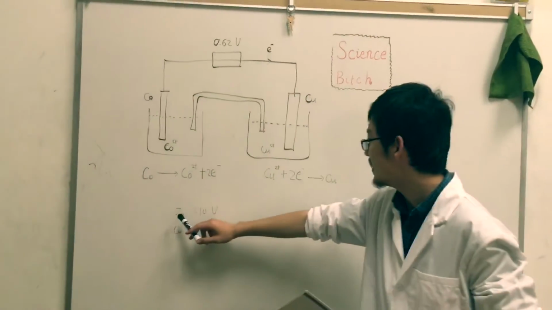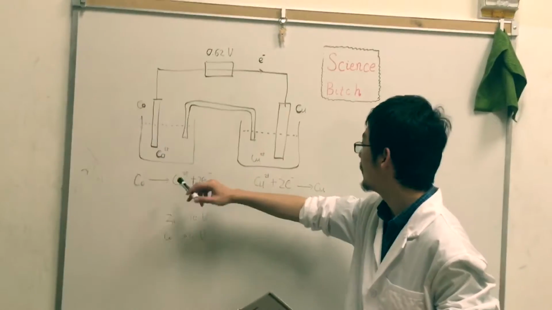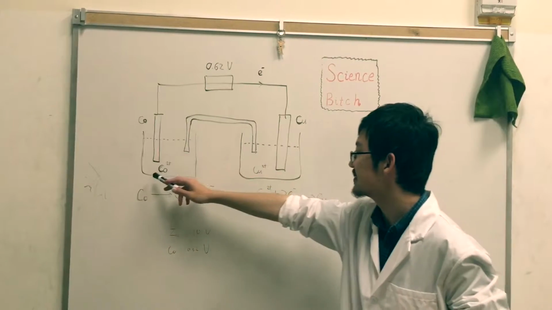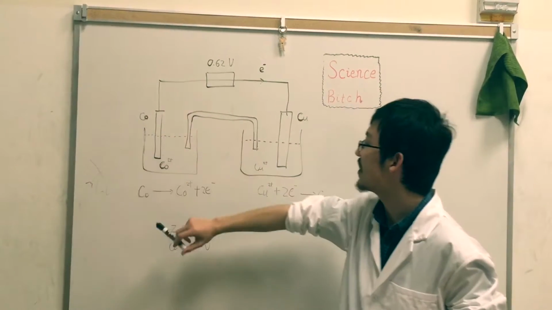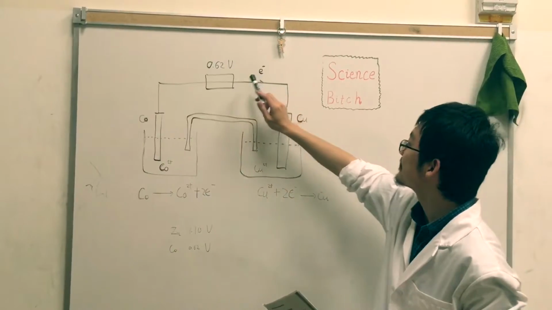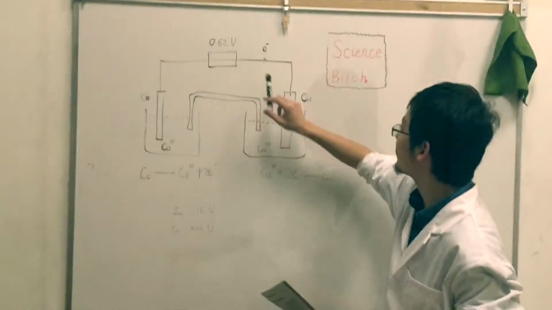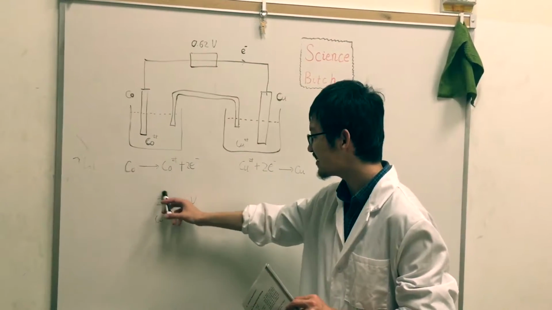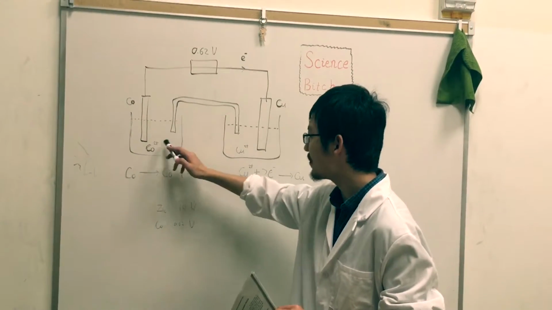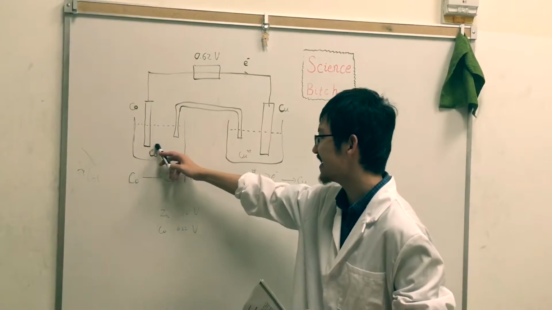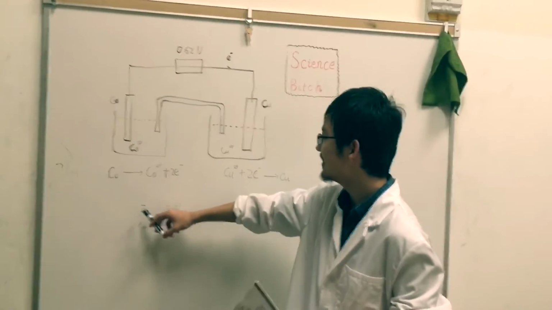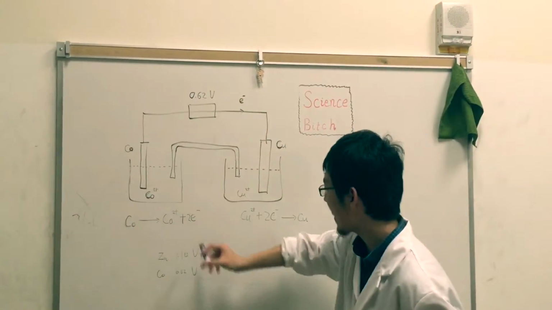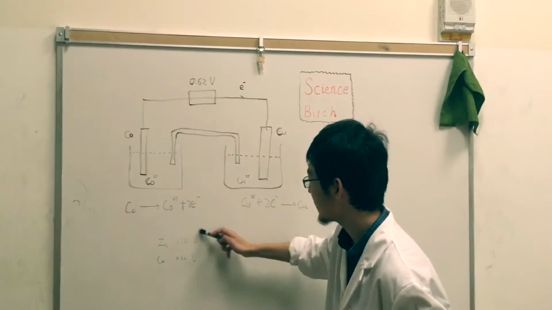That means when the copper cell is connected with a cobalt cell, the cobalt has a stronger standard reduction potential than zinc. So we know that cobalt 2 ions have a stronger affinity for electrons than zinc ions. As a result, we have a lower voltage here than when the copper cell is connected with the zinc cell.